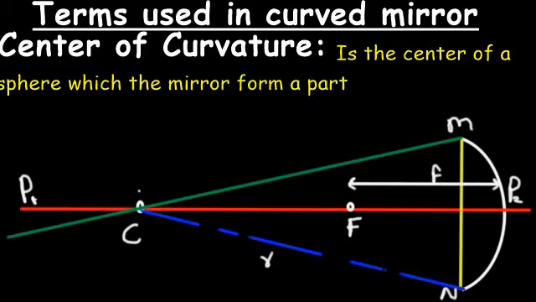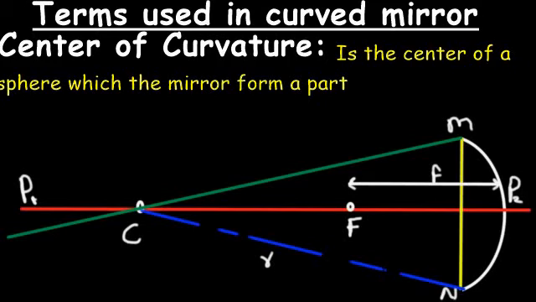It turns out that the point C over here is the center of the sphere of which the mirror forms a part. So therefore the center of curvature will be C. Basically the center of curvature is denoted with C. So now let's move forward.